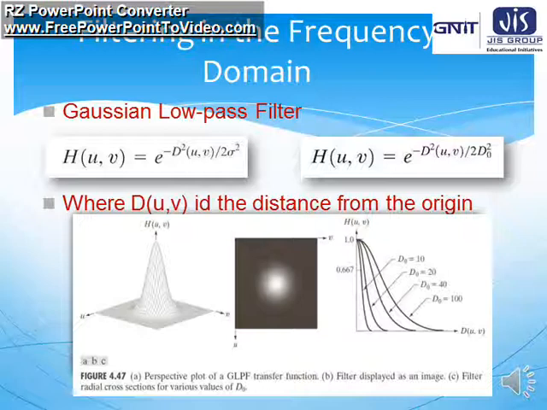It is also represented by H(u,v) equals e to the power minus D squared(u,v) by 2 D0 squared. Here we can also see the perspective plot of a GLPF transfer function, the filter displayed as an image in the middle, and in the right side image the filter radial cross sections for various values of D0, ranging from D0 equals 10, 20, 40, 100, etc.